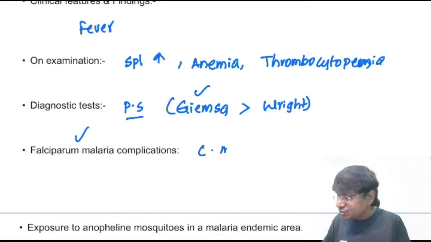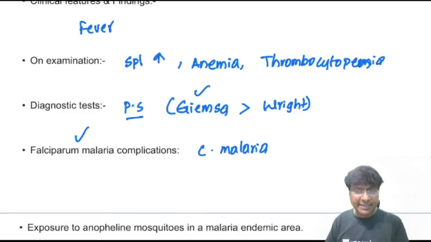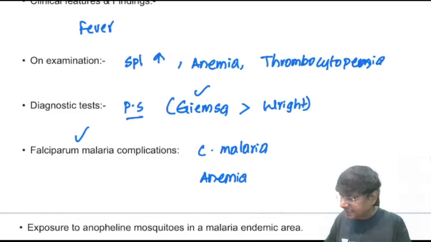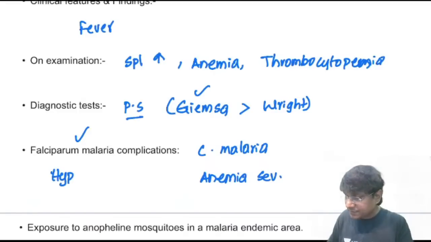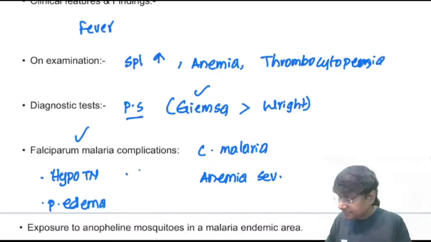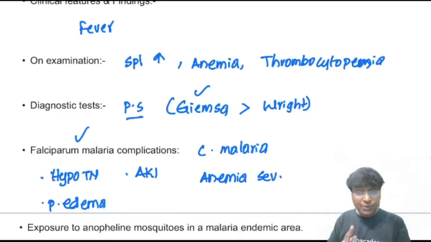So complications of Plasmodium falciparum will be cerebral malaria, right? There can be severe anemia, there can be development of hypotension. Next, there will be development of pulmonary edema. Next, acute kidney injury.